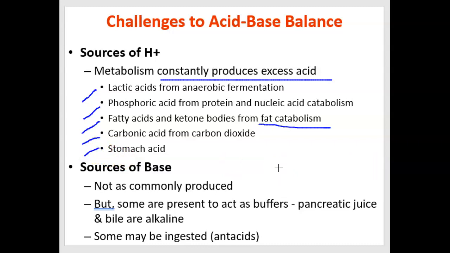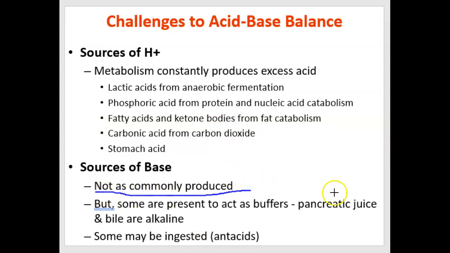So that's one big challenge to us maintaining pH balance of our fluids, especially the blood. There are many sources of hydrogen ions in our metabolism. There aren't as many sources of base, meaning we don't produce bases as commonly, but there are bases present in our body to act as buffers.